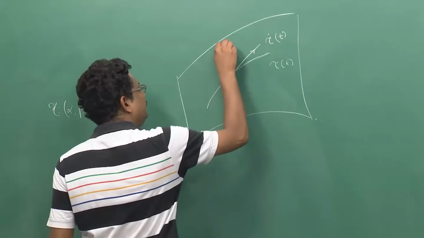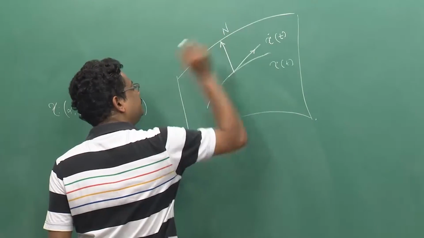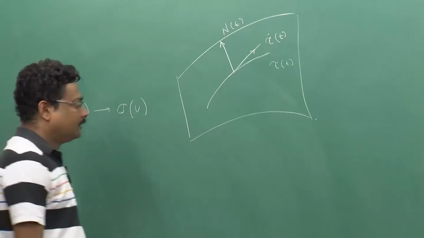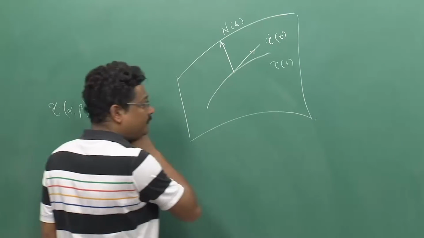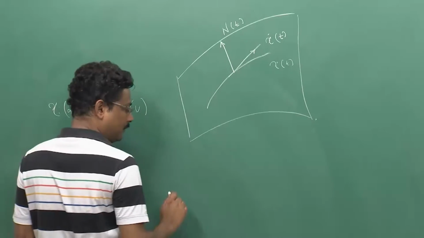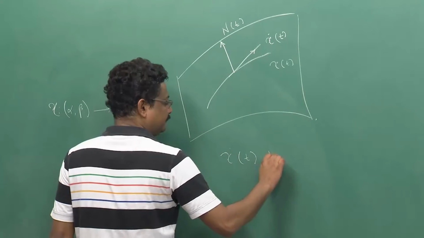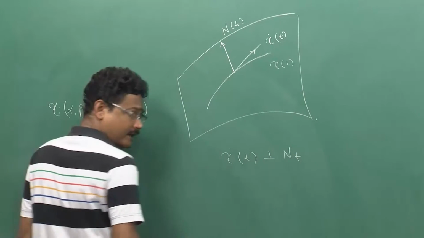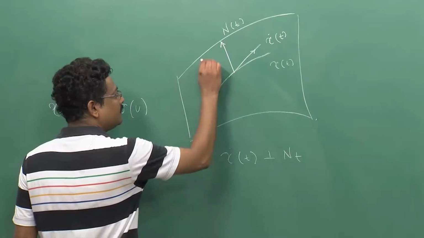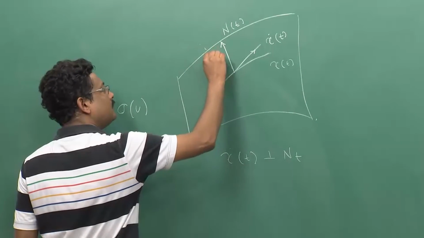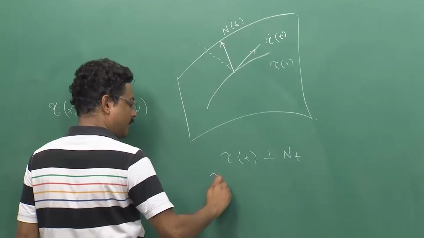I have a normal n, which will also depend on t of course, and which is perpendicular to gamma dot t. And there is another vector which is drawn in the other plane.